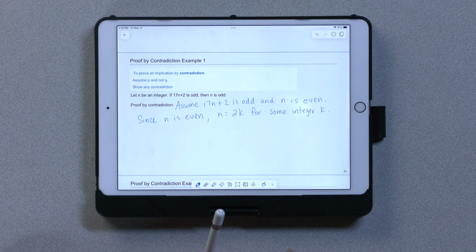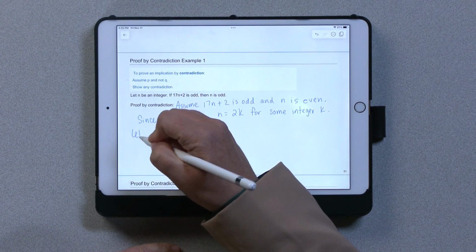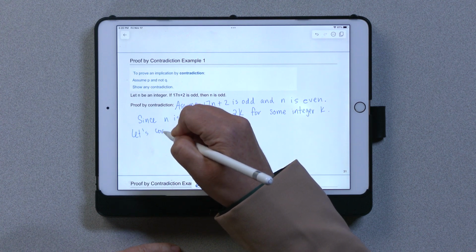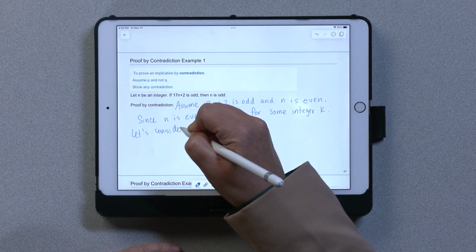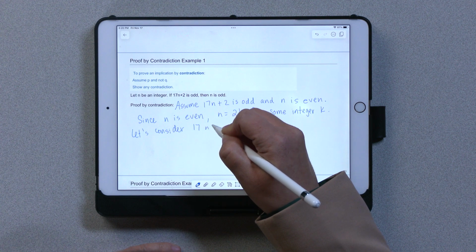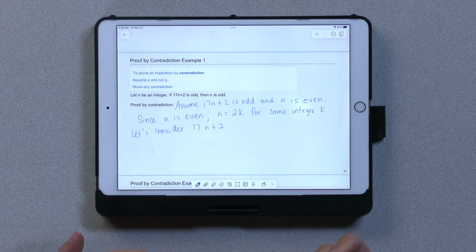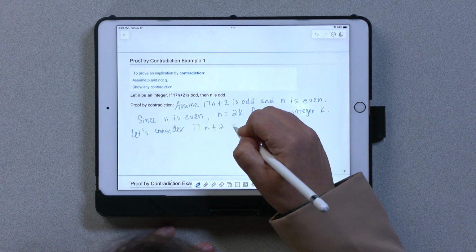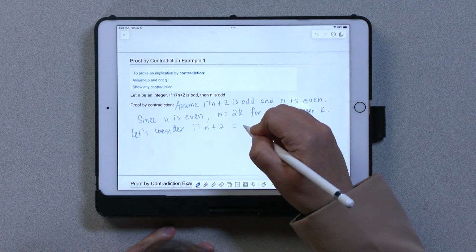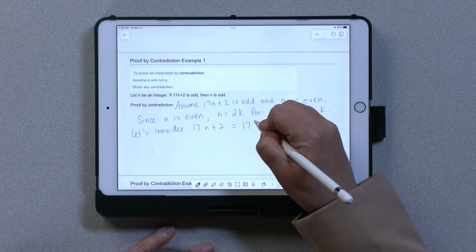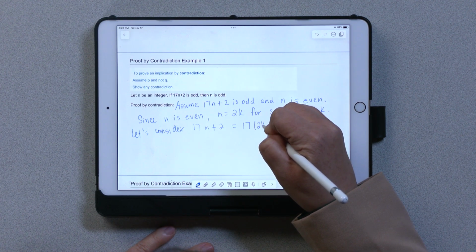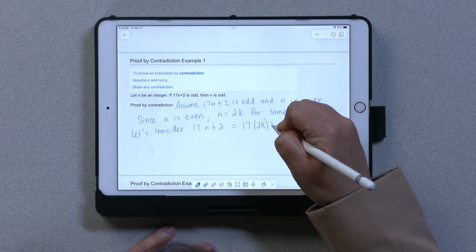So one thing we can consider is what happens with 17n plus 2. When we do so, we can just do a substitution with n equal to 2k. So we're going to say that 17n plus 2 equals 17, we'll substitute 2k for the n, and then we'll add the 2.